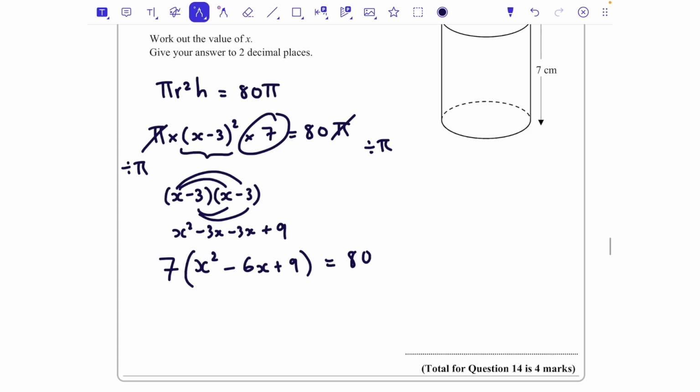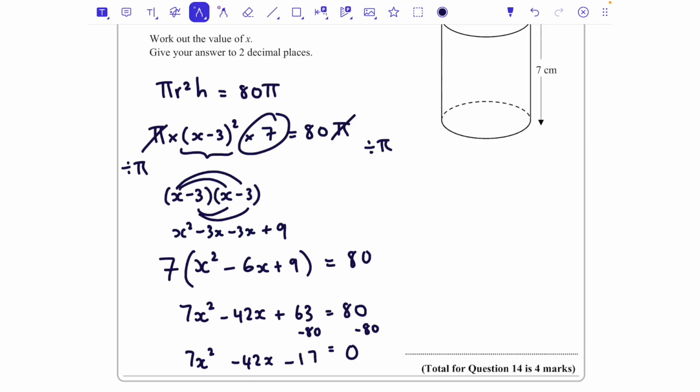So the next line of my working would be 7x squared minus 42x add 63 equals 80, which is a quadratic. And to be able to solve a quadratic, we need it to equal 0. So I'm going to subtract 80 from both sides, which is 7x squared minus 42x minus 17.